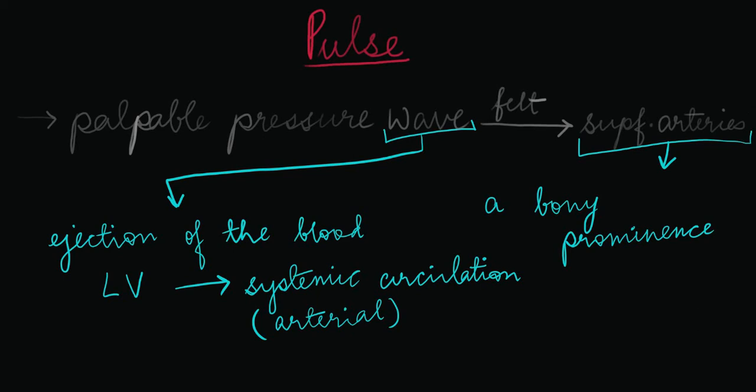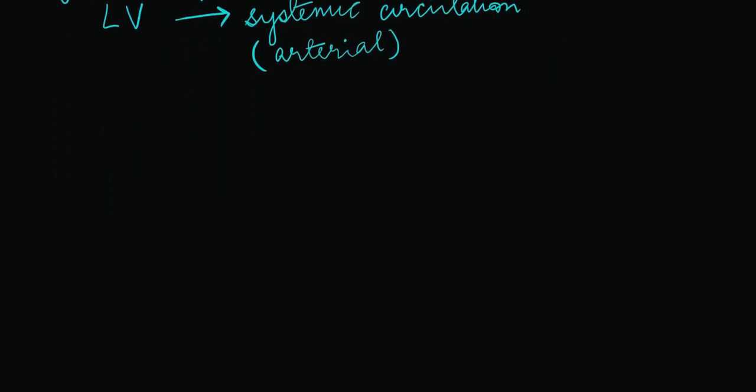In other words, we can also describe pulse as the elongation and expansion that can be felt in an arterial wall due to the column of blood in it.